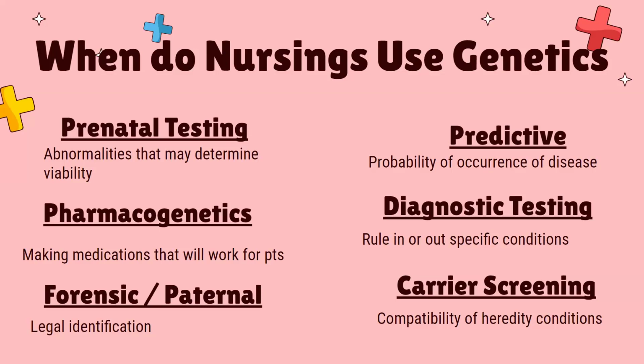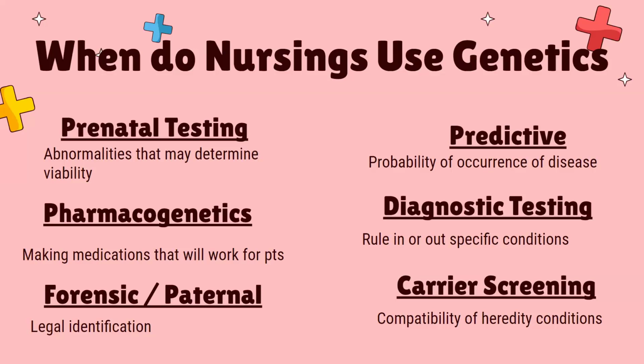So that's the prenatal testing. You see it very early in neonates, which is the postnatal testing, which is the predictive on this screen, which is the probability of an occurrence of a disease. And then you see it as diseases progress in the diagnostic testing to rule in or rule out specific conditions.